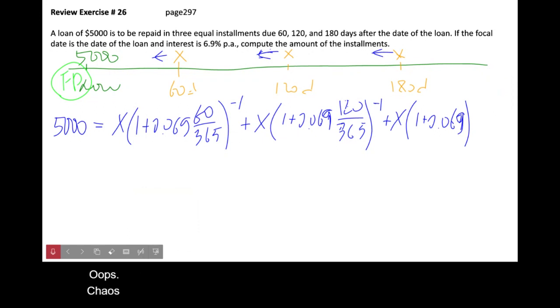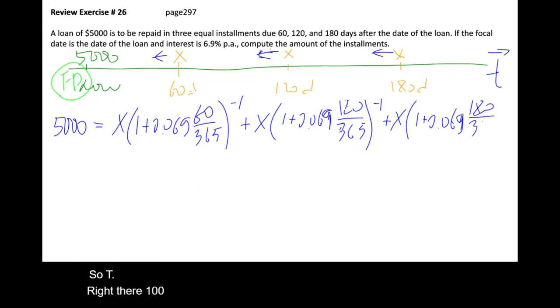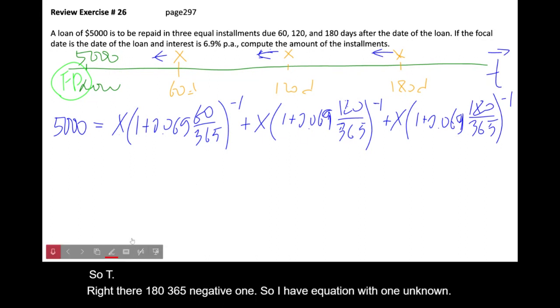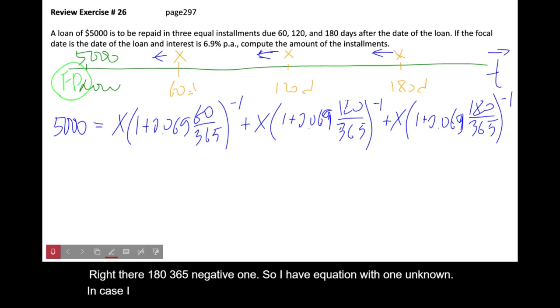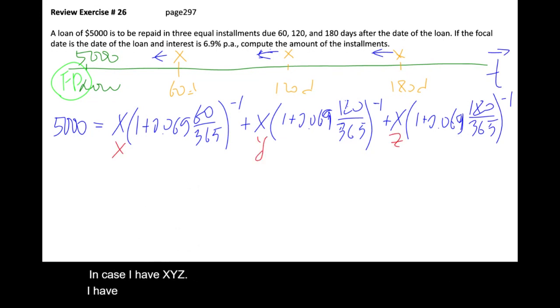Okay, let's do this. So t right there, 180 over 365, negative 1. So I have an equation with one unknown. Now, in case I have x, y, z, I have an equation with 3 unknowns, right?